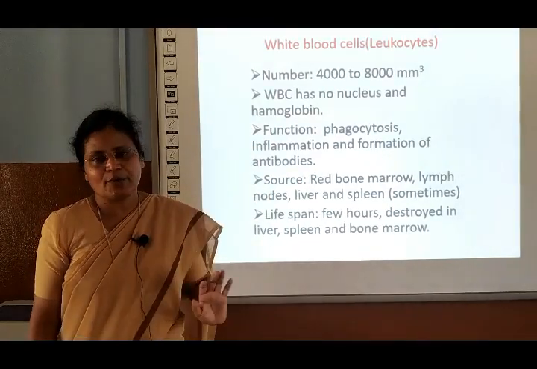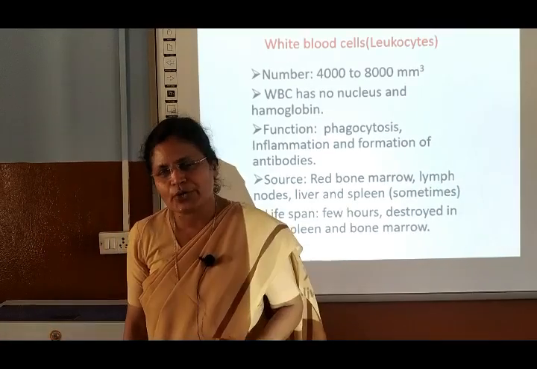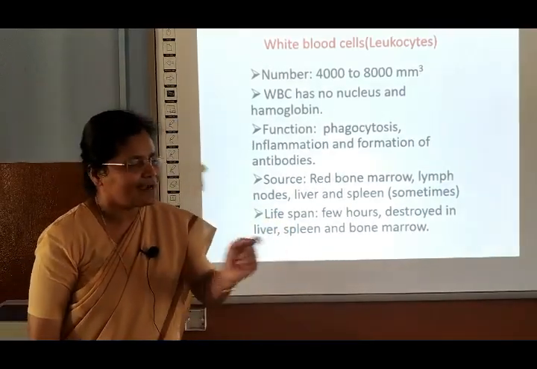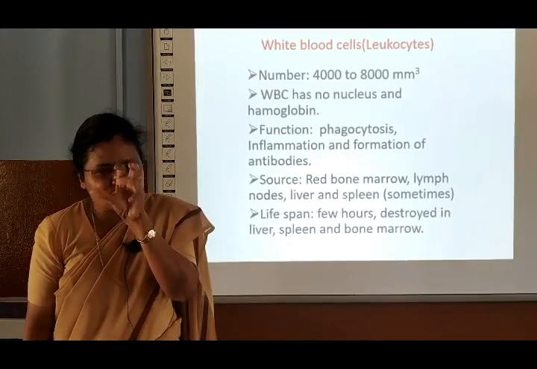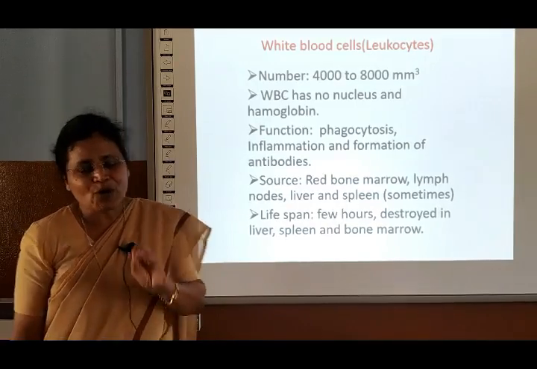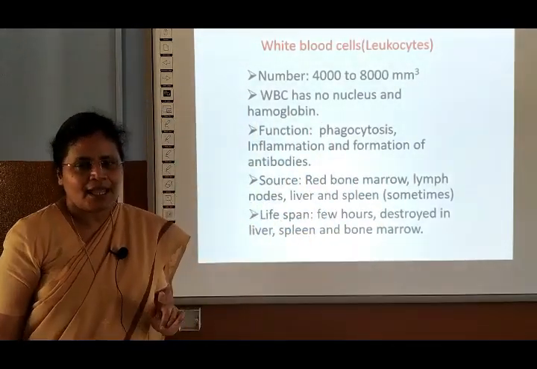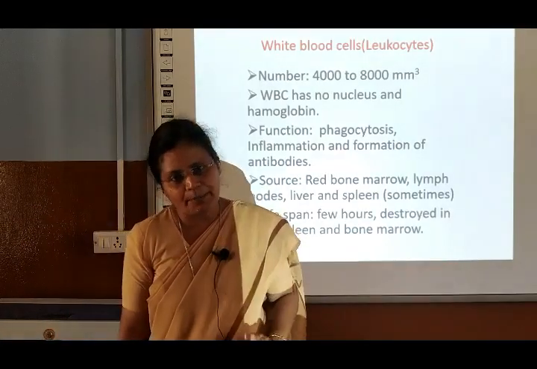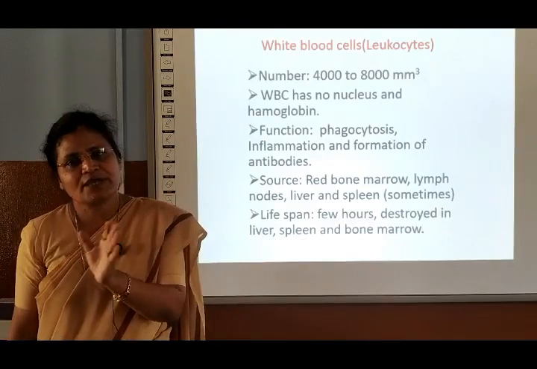Then I said about the hemoglobin. Hemoglobin is a chemical constituent of your RBC, which is present in the spongy empty space of the RBC, filled with hemoglobin. The hemoglobin contains two parts, one is an iron containing part called hemin and the protein part called globin. So, hemin plus globin together forms your hemoglobin.